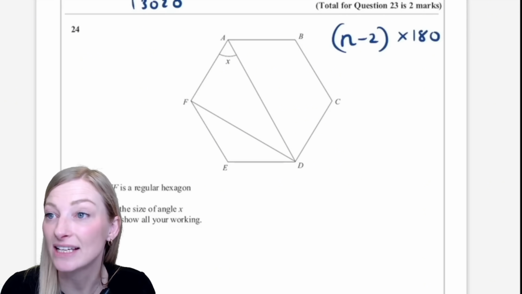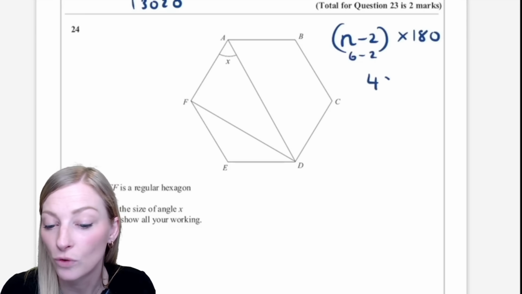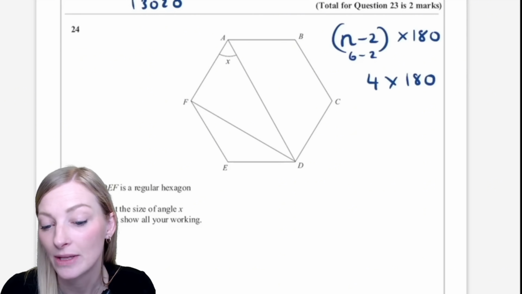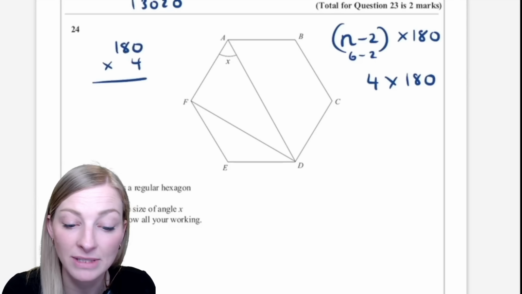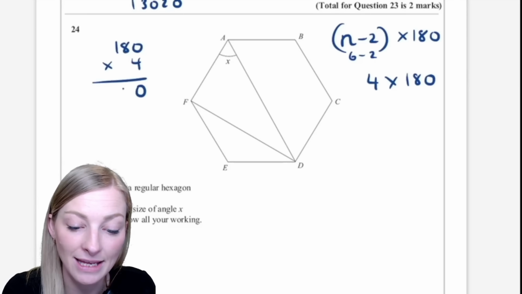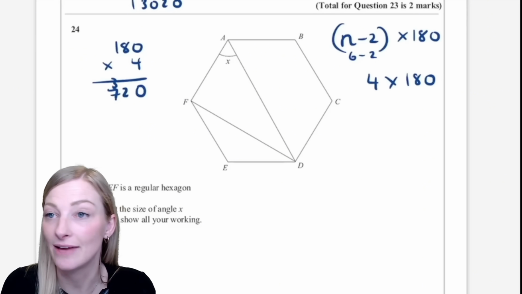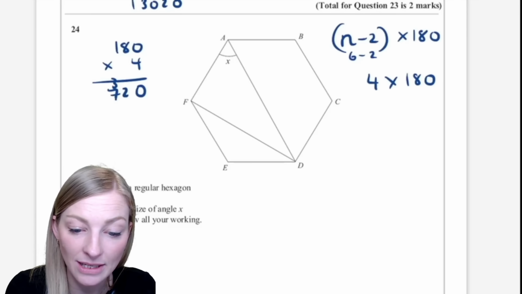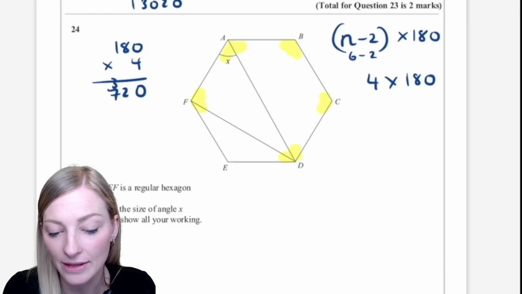If it is a 6-sided shape, a hexagon, 6 take away 2 is 4. So 4 times 180, and 180 multiplied by 4, 4 times 0 is 0, 4 times 8 is 32, and 4 times 1 is 4, add the 3 is 7.